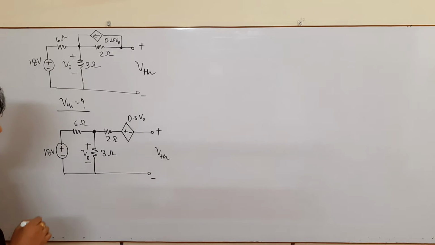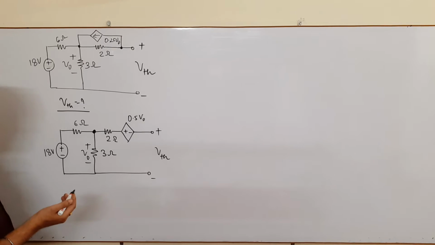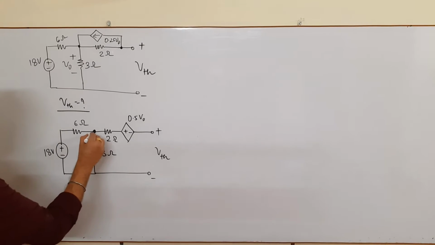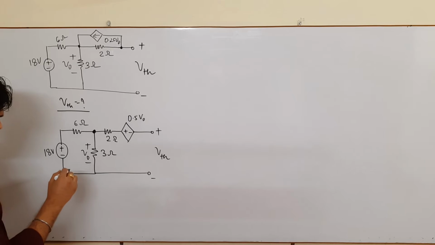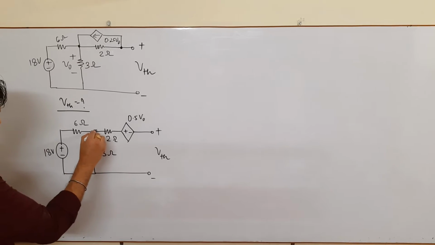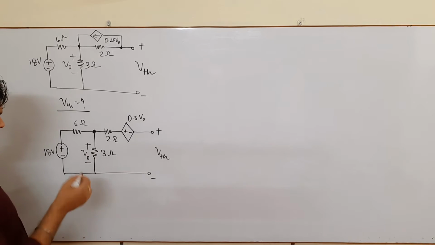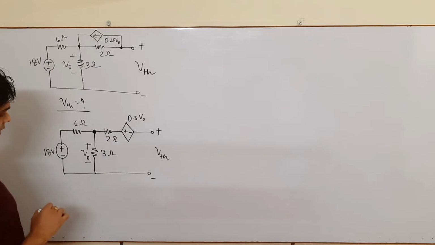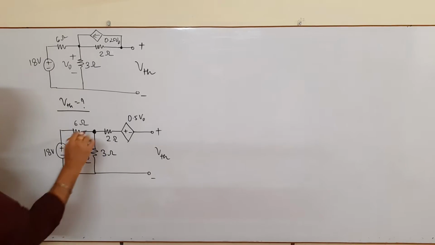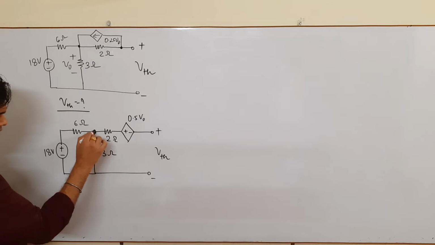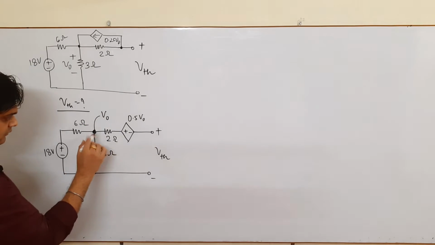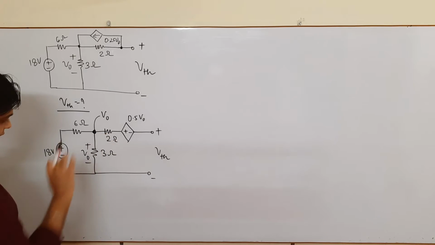Okay, so can you find the value of VTH? Yes, there are different techniques you can apply. Either you may apply KCL here or KVL, whatever it is. So what we will do, we will apply KCL at this node. Okay, so if you apply KCL at this node, what is the voltage at this node? That is V naught, because V naught is the voltage across these 3 ohm.